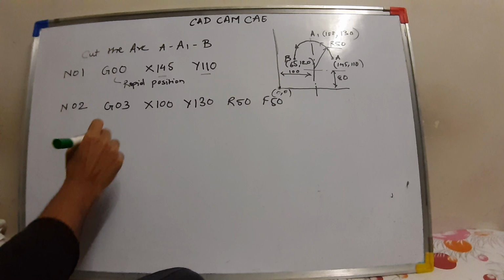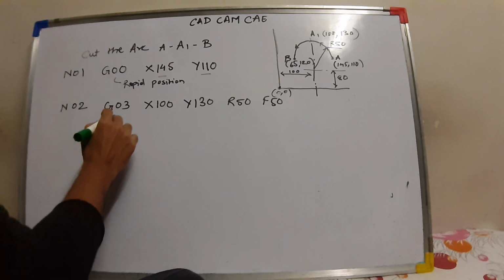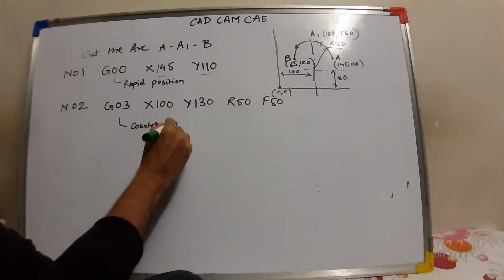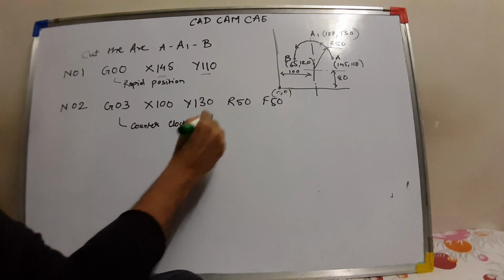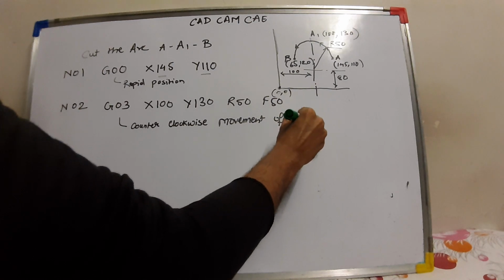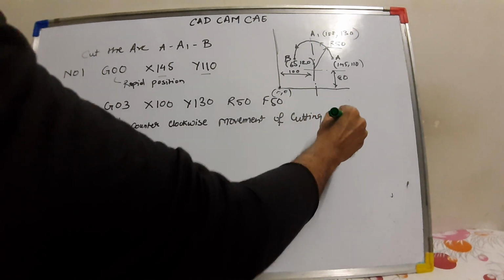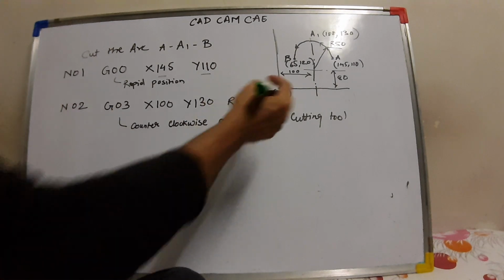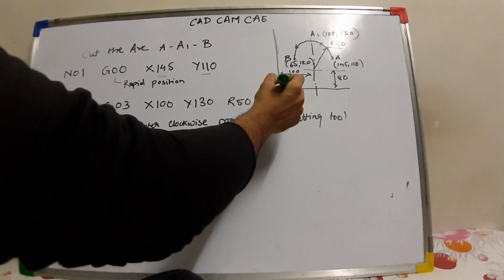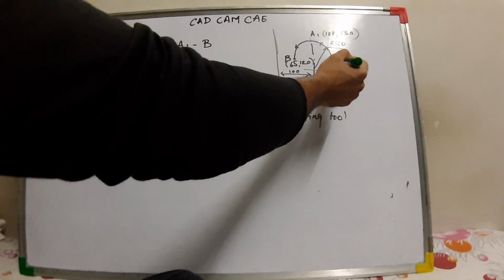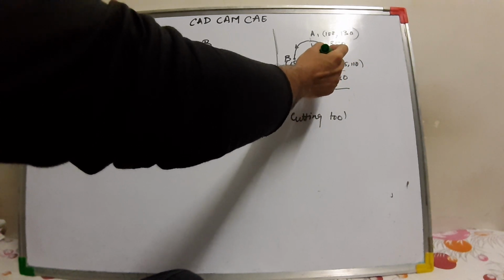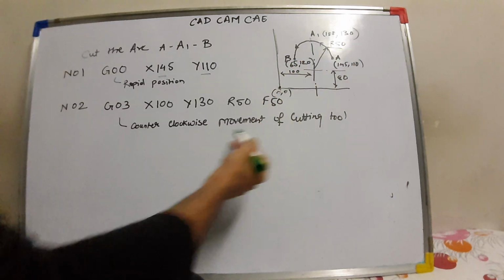The meaning of G03 is counterclockwise movement of the cutting tool. Because of G00, your tool moved from the initial position to position A. From position A you're giving the command G03, counterclockwise movement of the cutting tool.